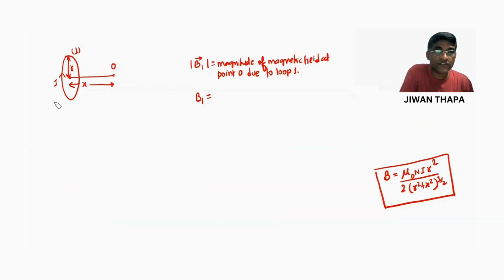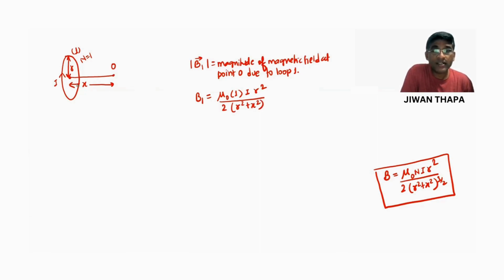Now, since the number of turns n equals 1, so we can write B1 equals mu naught, n is 1, okay, I R square by 2 bracket R square plus X square, okay.